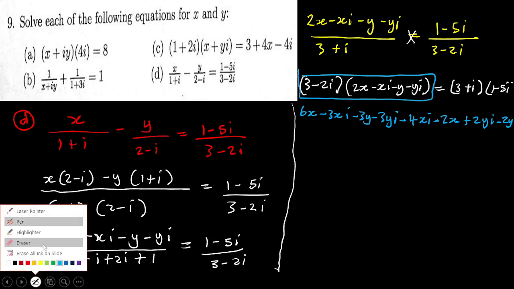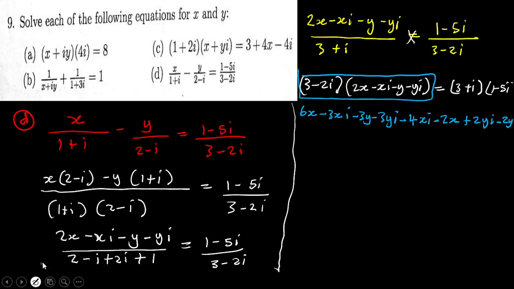Then I can easily work on the other side. 3 times 1, so everything there should be equal to 3 times 1, it is 3. 3 times negative 5i, it's negative 15i.